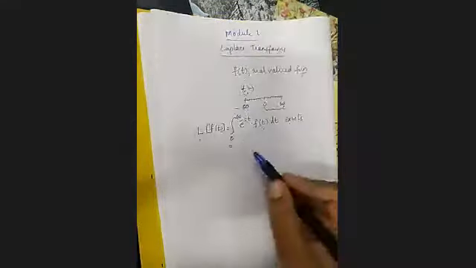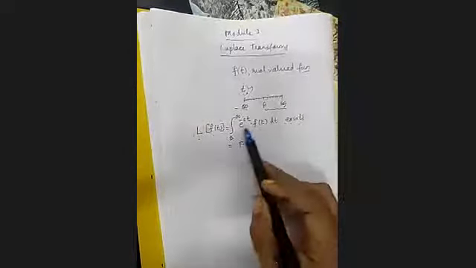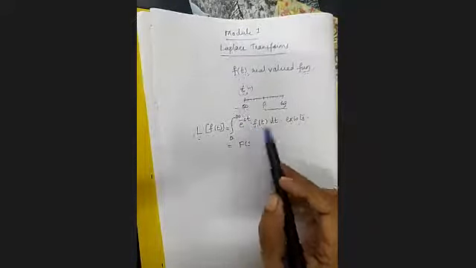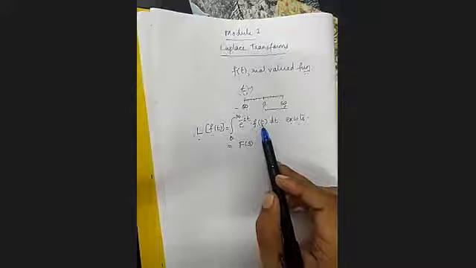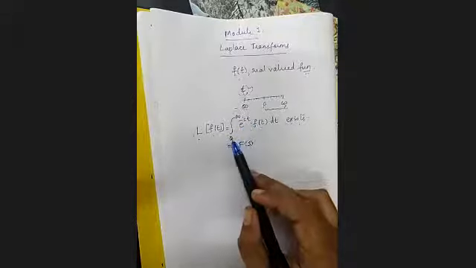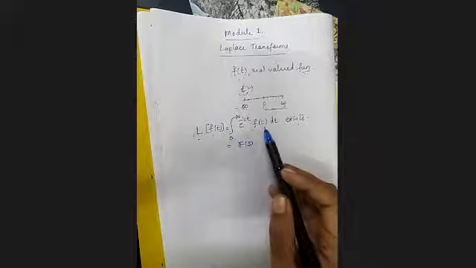Actually, it will be a function of S. Just think, you substitute for t, a function of t, then you have to integrate with respect to t. Agree? And this S will remain as S only, it will not change. When we substitute the value of t, upper limit minus lower limit, there won't be a t.